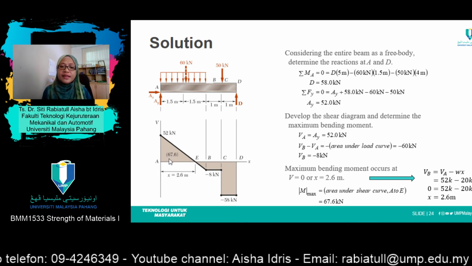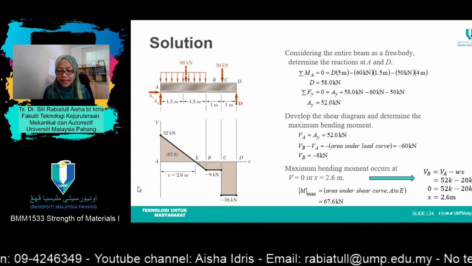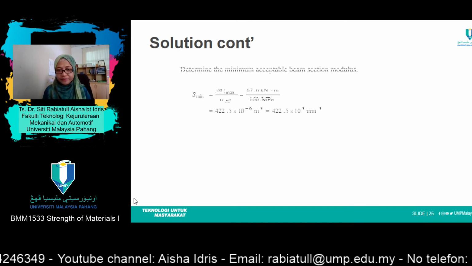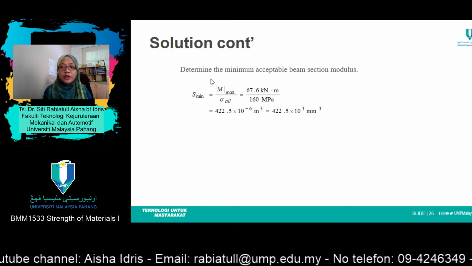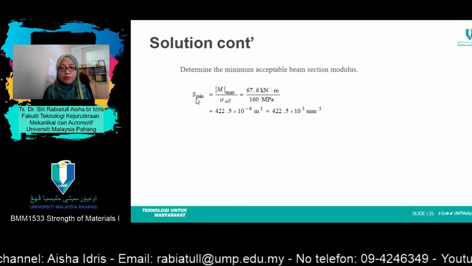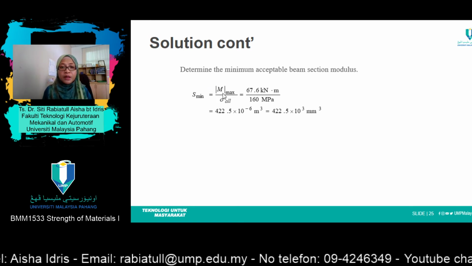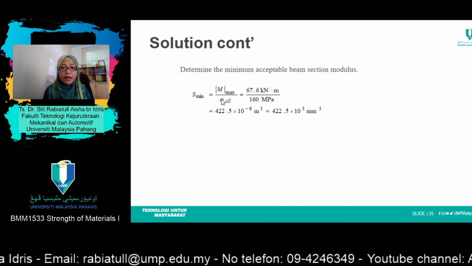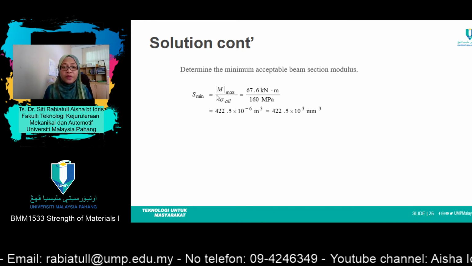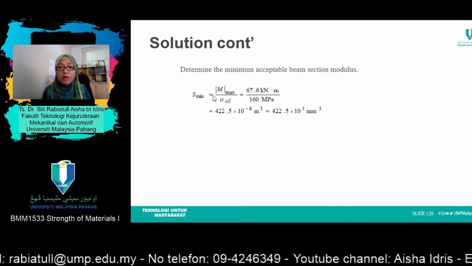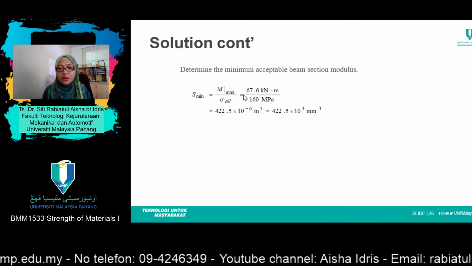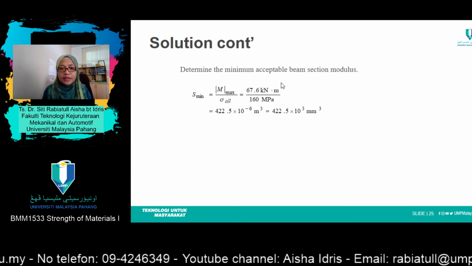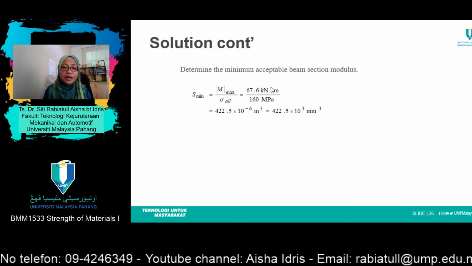Then you'll get 67.6 kilonewton meter. Now, if you still remember, the formula for section modulus equals maximum moment divided by allowable stress. That's why we need to find the maximum value of moment. So substitute the data into the formula.